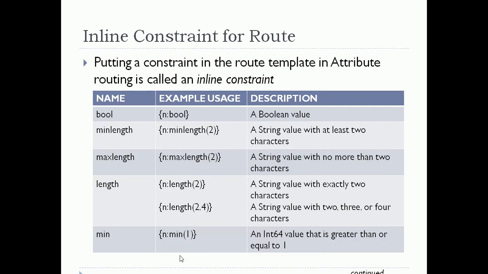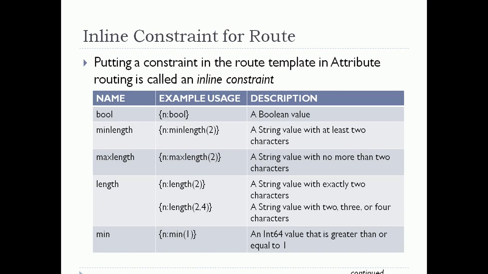Now, as you can see in this table, there are various constraints available for us, and a few of them are included in this presentation. For example, if the constraint is bool, n is your root parameter. It can be any variable, or any argument name that you have specified as an argument of your action method. For example, here n is taken.